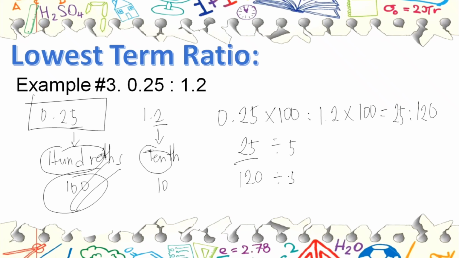So, proceed na tayo sa division. 25 divided by 5, that is 5. And 120 divided by 5, that is 24. Then, fraction bar. So, ang sagot natin ngayon ay 5 over 24. Then, from fraction notation, balik natin sa column notation. Magiging 5 is to 24. And that is our final answer.